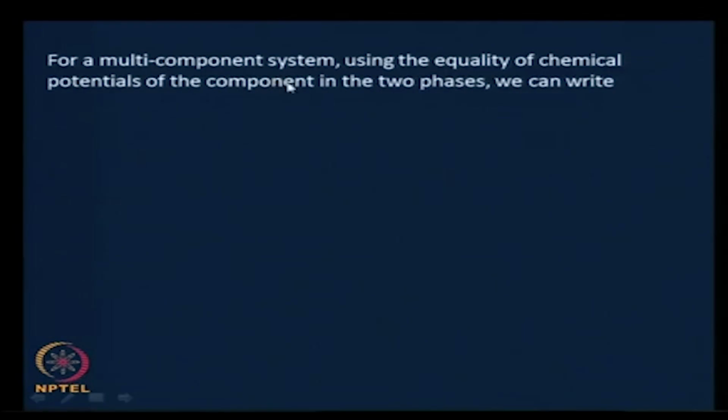For a multi component system, the equality of chemical potentials of the components in the two phases is the condition. What I would like you to do in the remaining part of this lecture, and you can take this as homework, is to do the same development. This is a good exercise. Come up with useful relationships the same way as we did for a pure component system, but you need to do it for a multi component system.